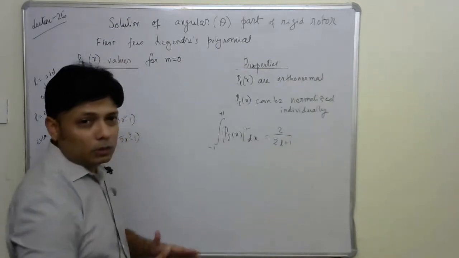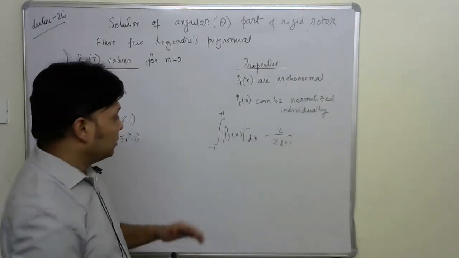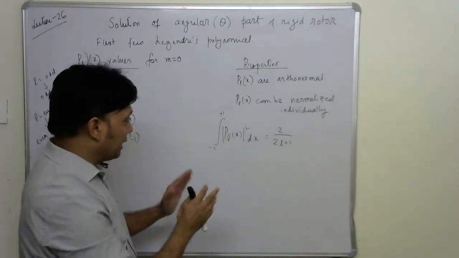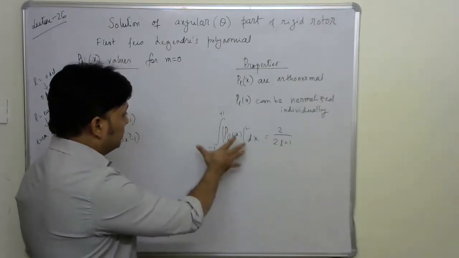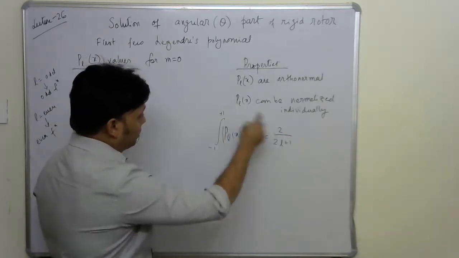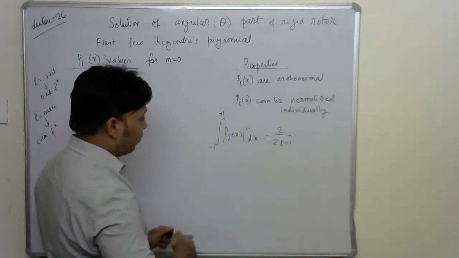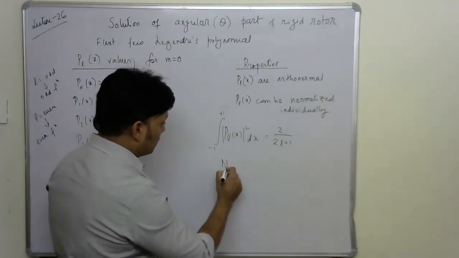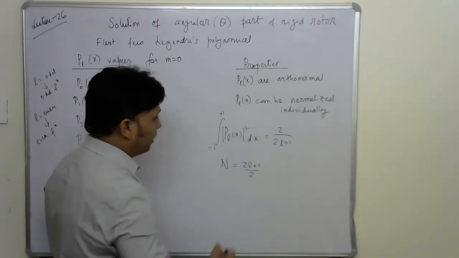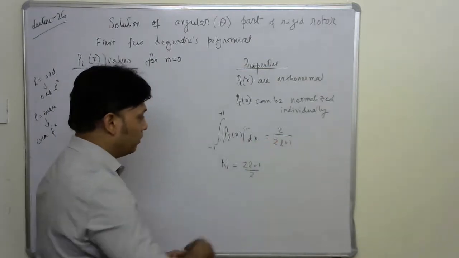So what would be the normalization constant? If we take the normalization constant as N, the value should be such that the entire expression becomes 1, and therefore the normalization constant should be 2l plus 1 divided by 2, the reverse of it.